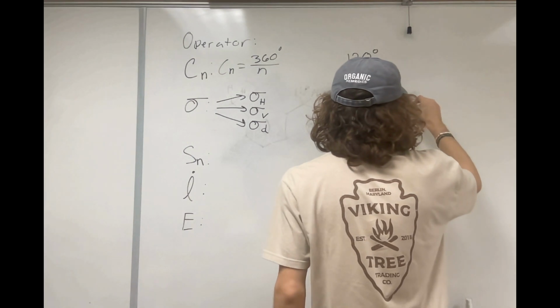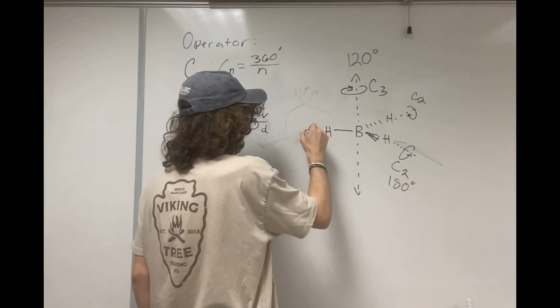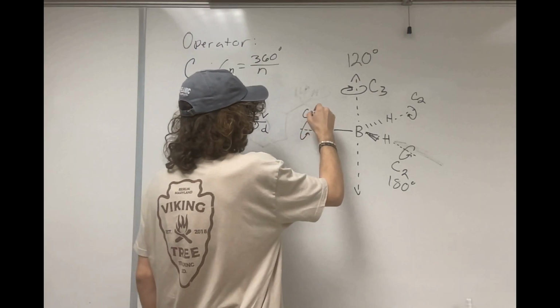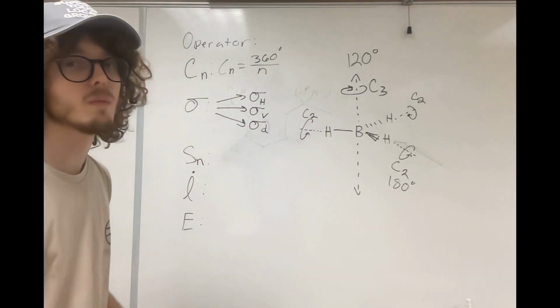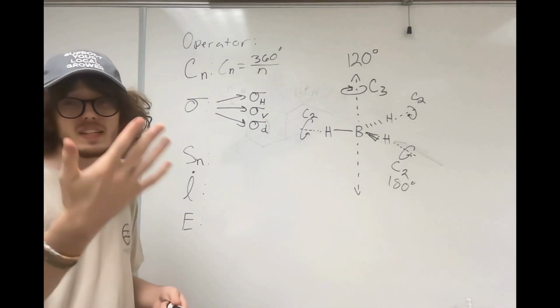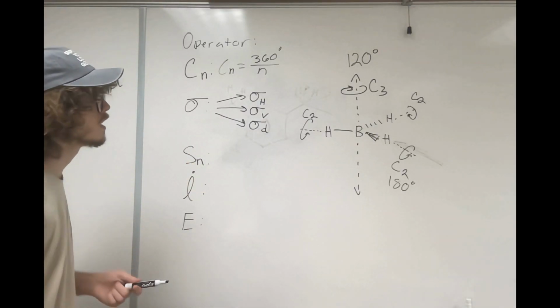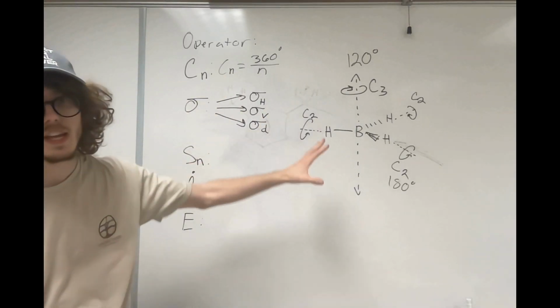We can also do this for all the other hydrogens. They also have C2 symmetry. And this idea is going to become a little bit important when we get to some future topics with this idea of point groups and assigning quick point group identities to molecules. But that is the rotation operator.